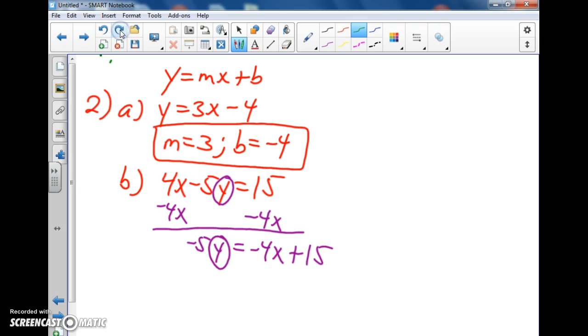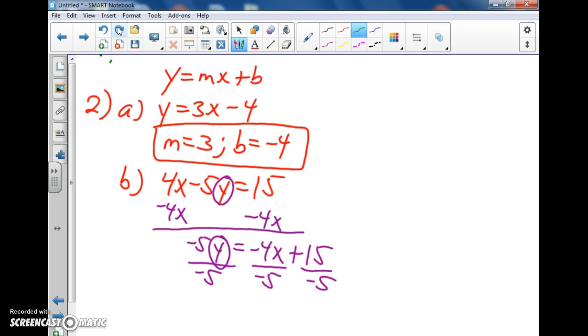Oops, hold on. Let's get the whole thing. You get that first, right? Now what do you do next? Divide everything by negative 5. When you do that, the negative 5s cancel, and you get y by itself.